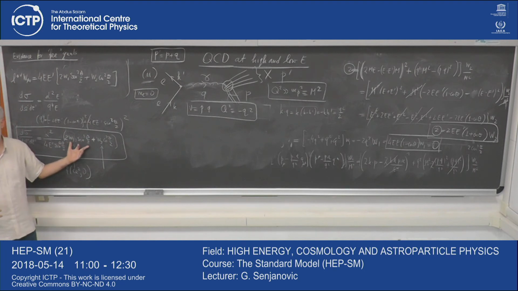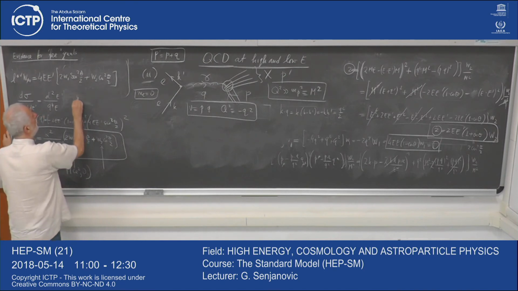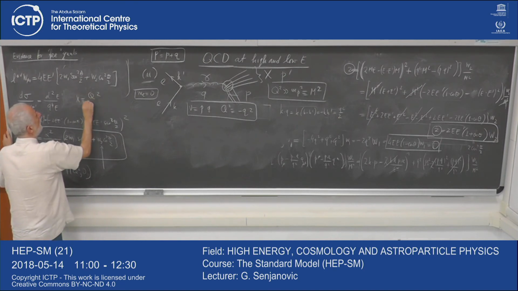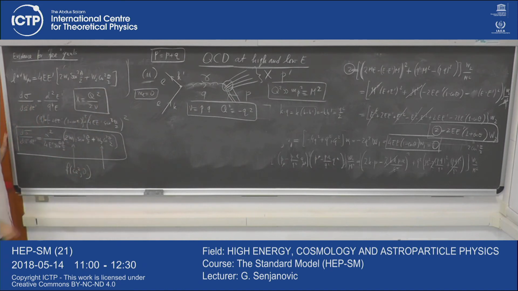But more or less, they will find that instead of depending on these two variables, they depend only on the ratio of the two variables. Very surprising. It's called a scaling variable x, which is defined as q squared over 2 nu. Basically these W's, which I'm going to normalize a little differently, we'll see in a moment, are functions only of x. Very strange result, consistent at different q squared. That will be very surprising.